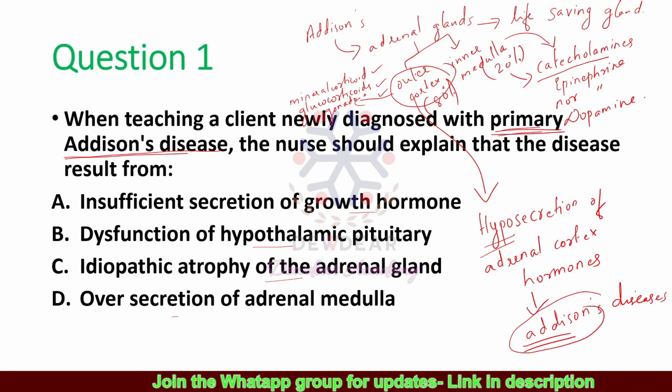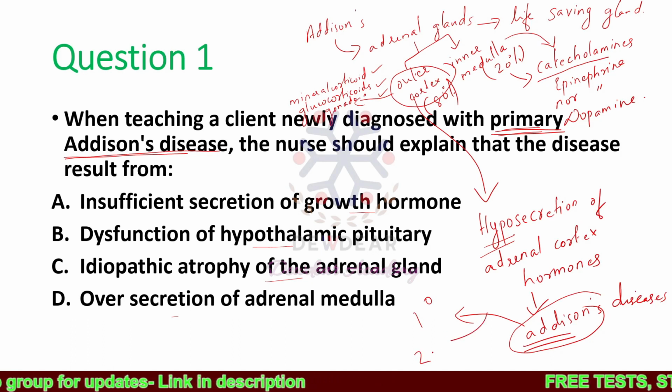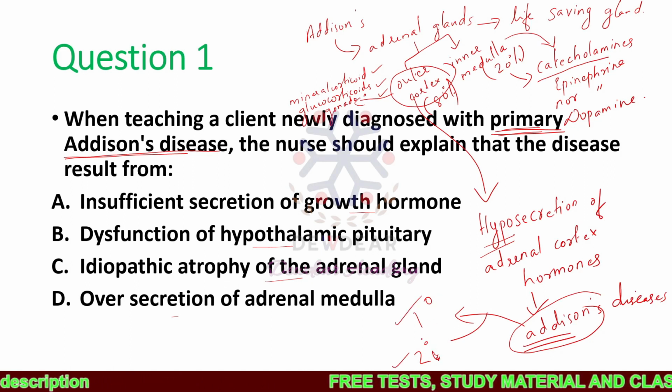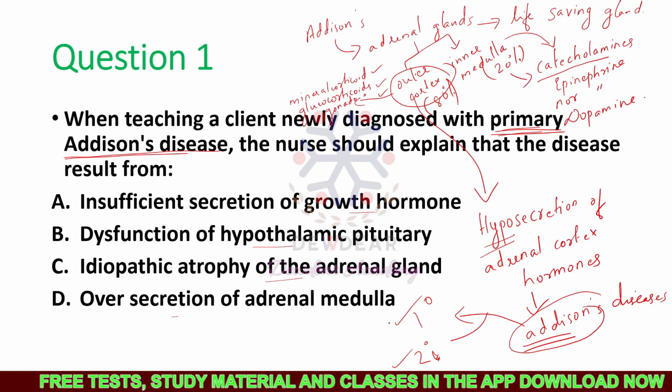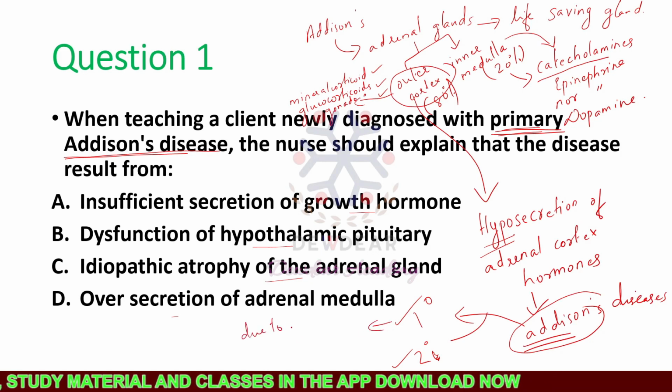Now our question is, what does primary Addison's disease indicate? Addison's disease can be divided into primary and secondary.